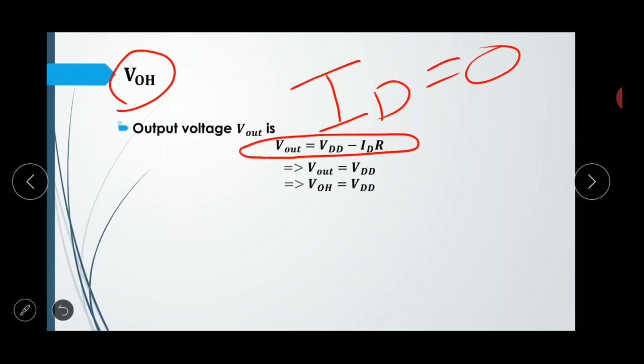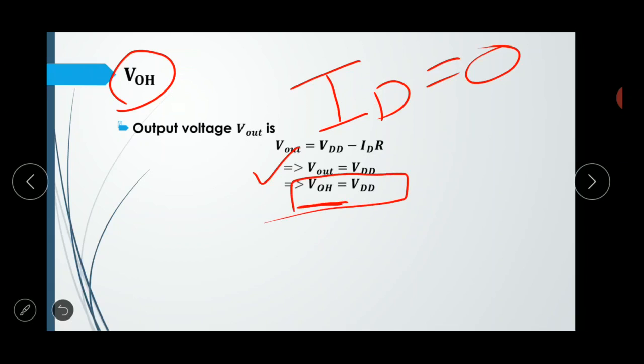In this equation, we put the value of ID, so the term becomes 0. Here we get Vout equal to VDD. And Vout when the input is minimum is denoted as VOH, so VOH equals VDD.